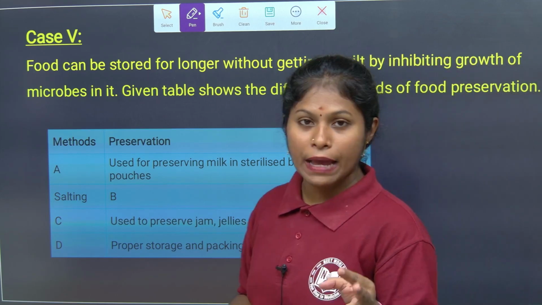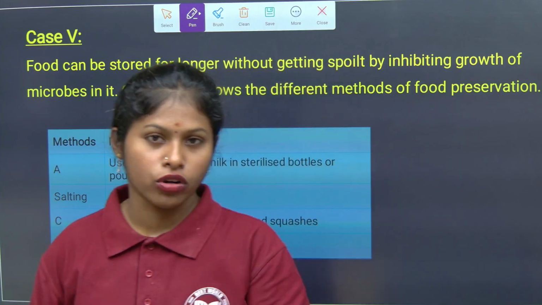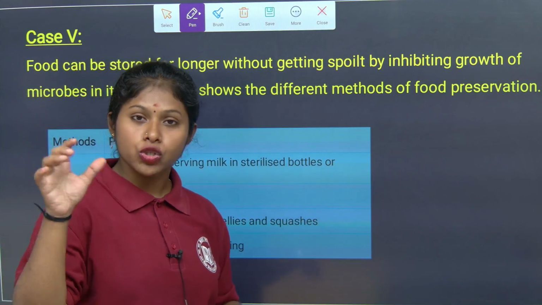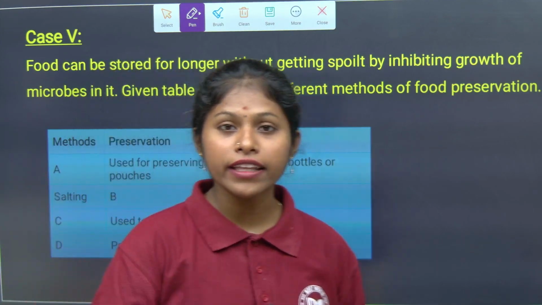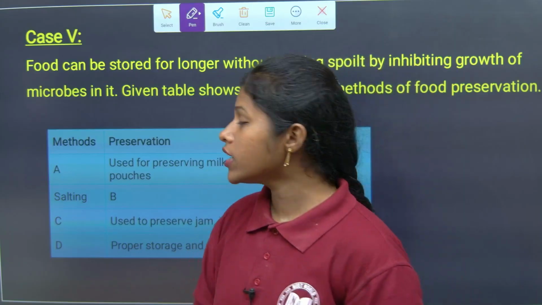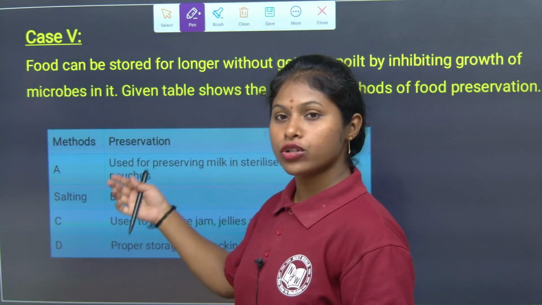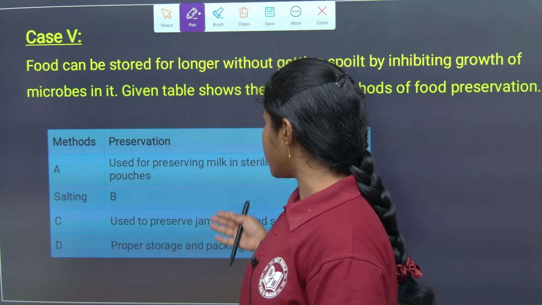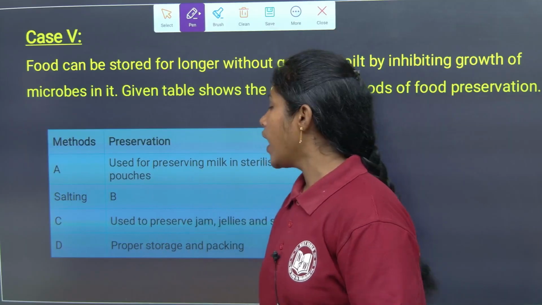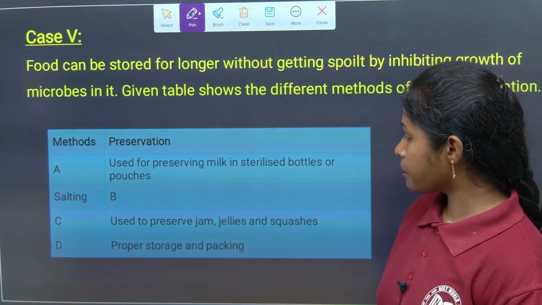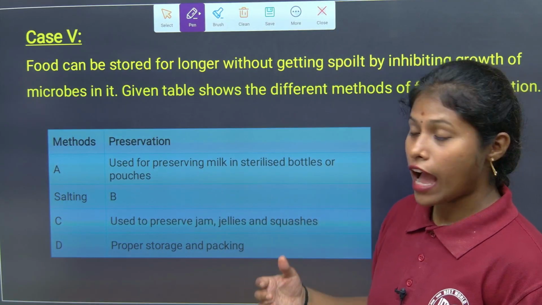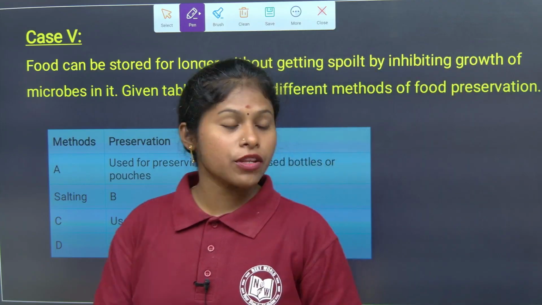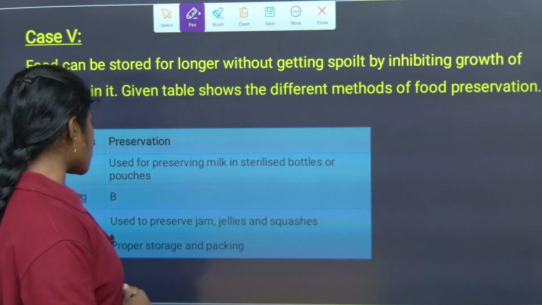If you observe jams and jellies, the sweet content is more, right. It means the sugar is avoiding the growth of microbes, right children. Here the excessive use of sugar is used to preserve jams, jellies and squashes. And coming to the last one, the method is not given and the preservation is given. What did they give, children? Proper storage and packing.